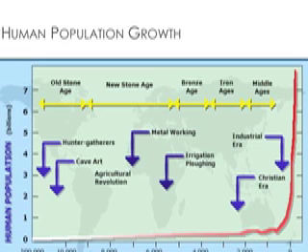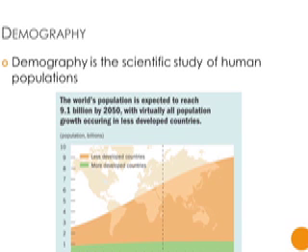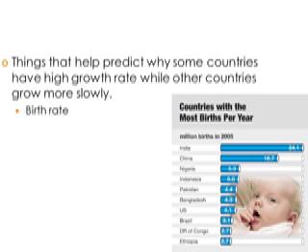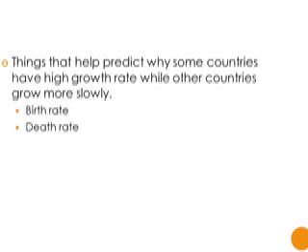Today, the human population continues to grow exponentially. Demography is the study of human populations. Demographers try to predict how human populations will change over time. Birth rates, death rates, and the age structure of a population will help predict why some countries have a high growth rate while other countries grow more slowly. Again, birth rates are the rate at which babies are born, and the death rates are the rates in which individuals pass away.